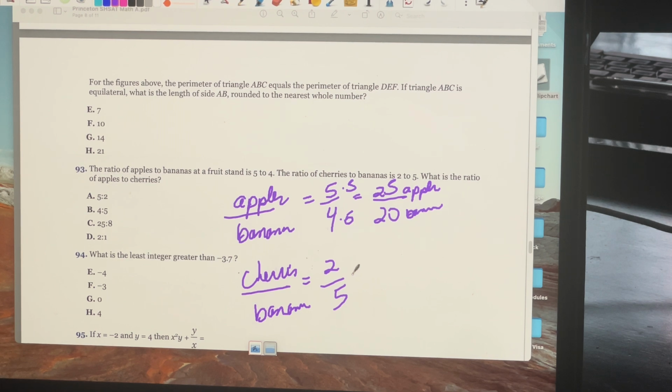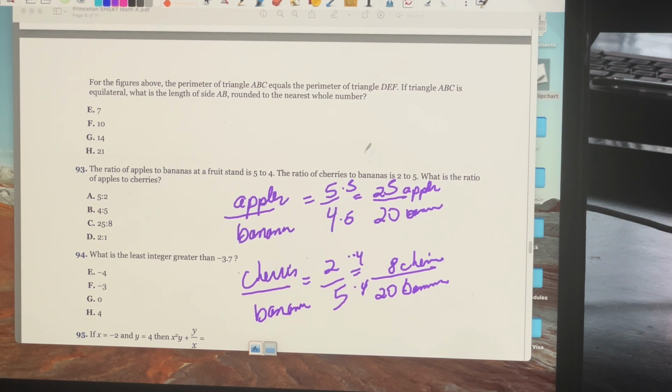And over here I'm going to change the bananas to 20 again. So when there are 20 bananas, there is times 4, and this is times 4, so that would be 8 cherries. Now notice that I'm comparing both the same amount of bananas.